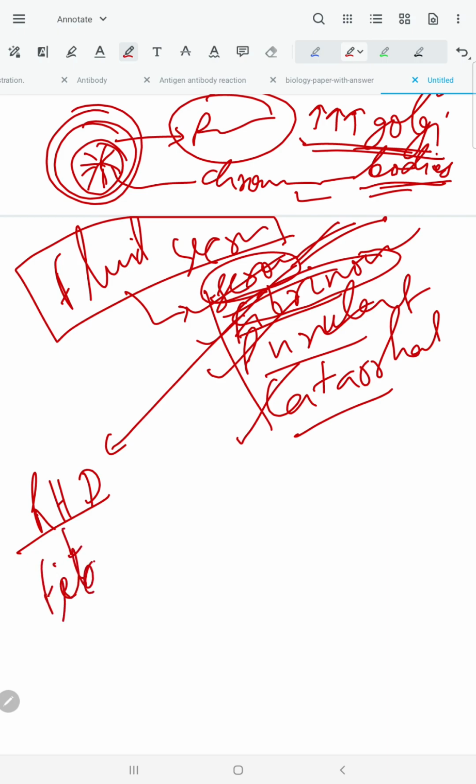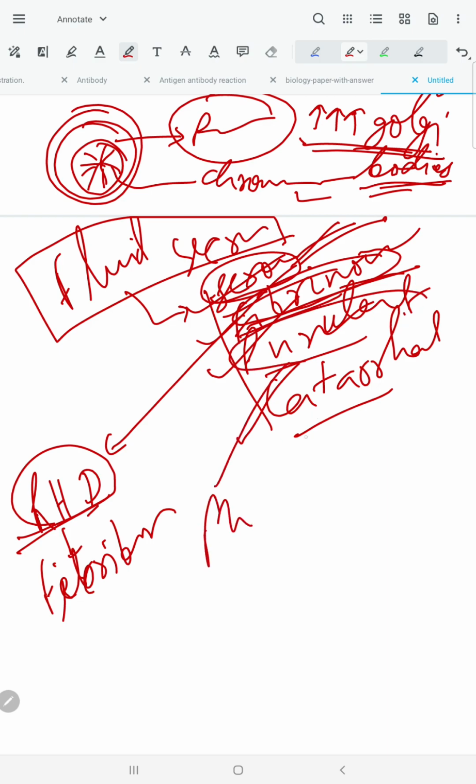So in rheumatic heart disease we see fibrinous inflammation. Okay. Purulent is abscess formation. Okay. And catarrhal is most common, most important, there is mucus plus water, that is called catarrhal. Okay, mucus plus water is there, that is called catarrhal.